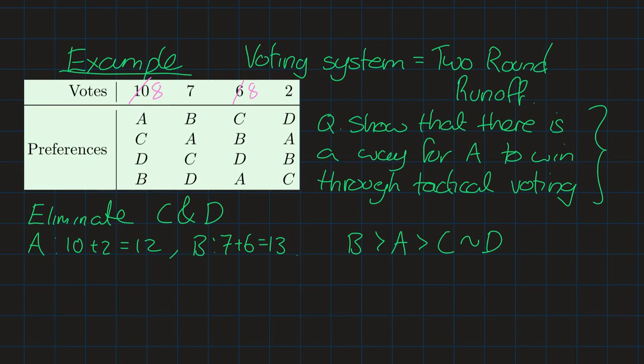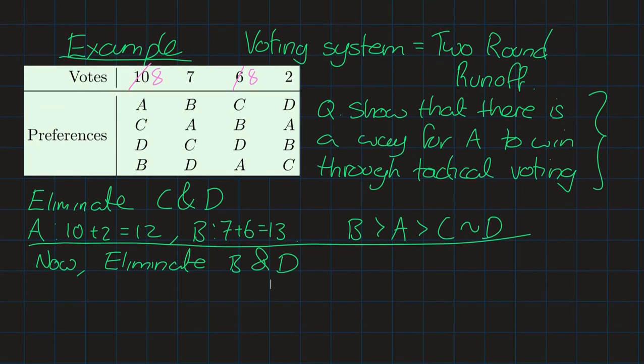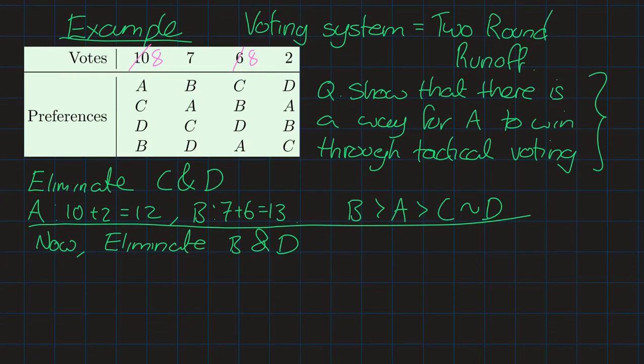Now who gets eliminated? A has 8 votes, B has 7, C has 8, and D has 2. So now we eliminate B and D. This is a good start, because previously when everyone was voting sincerely, B was the actual winner overall, and now I've managed to eliminate B in the first round.